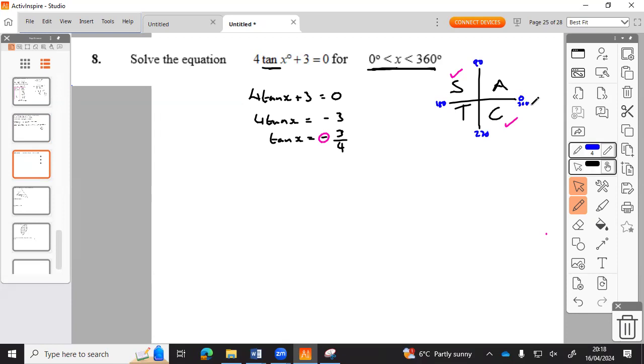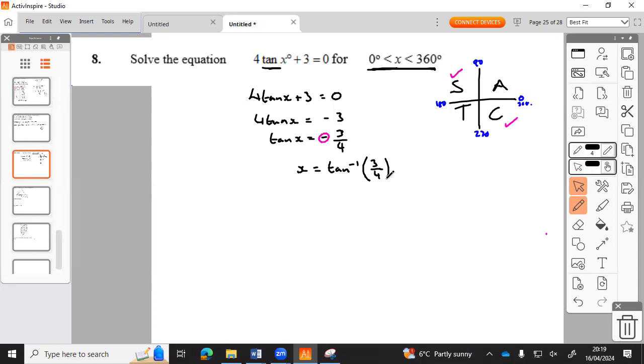When we put it in our calculator we get a value of x. So we rearrange to find x by taking tan over to the other side. Now we don't need that negative. We're looking for inverse tan of 3 over 4, or 0.75, and putting that in the calculator.